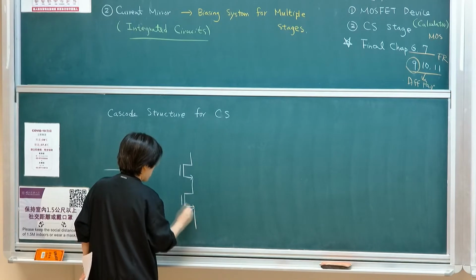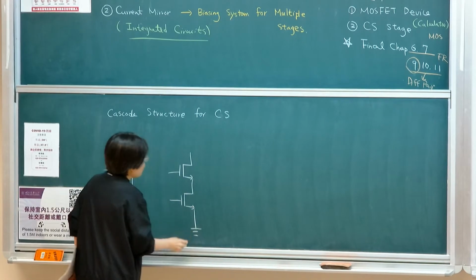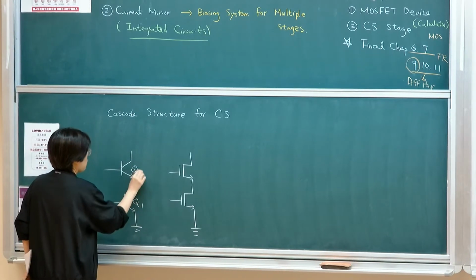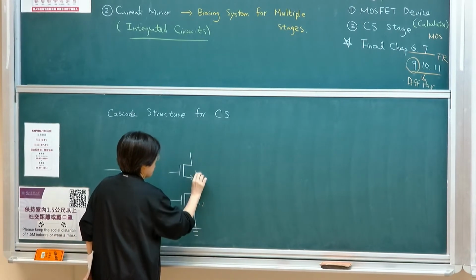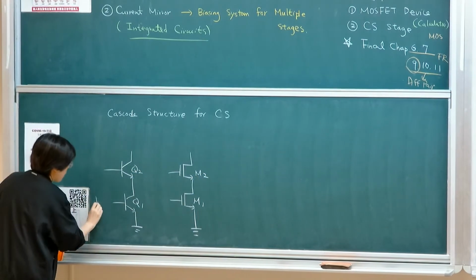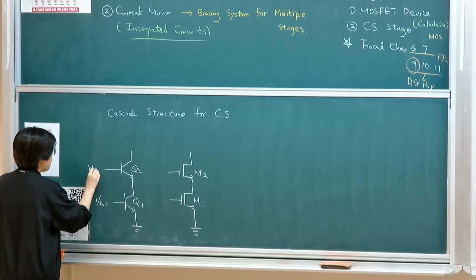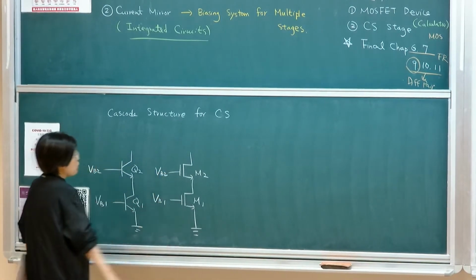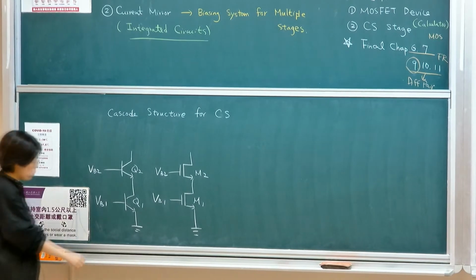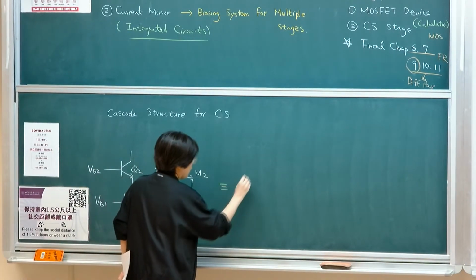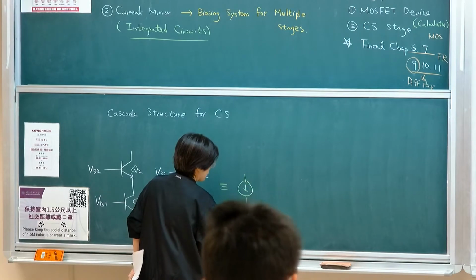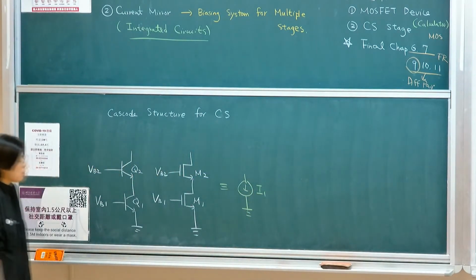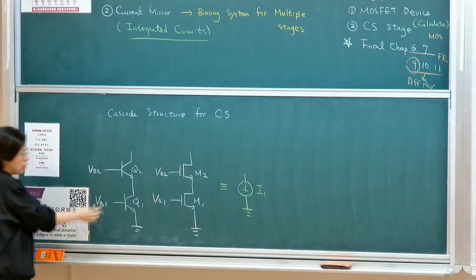So I'm assuming I'm using this type of structure to construct this, that is Q1, Q2, M1, M2. If I give fixed bias, just to follow convention, this will be equivalent to a sinking current source with a set current, the current level being set by the biasing condition.